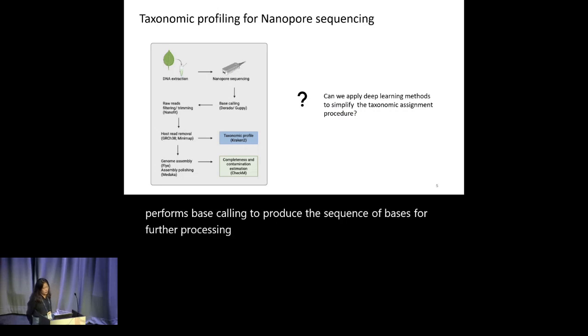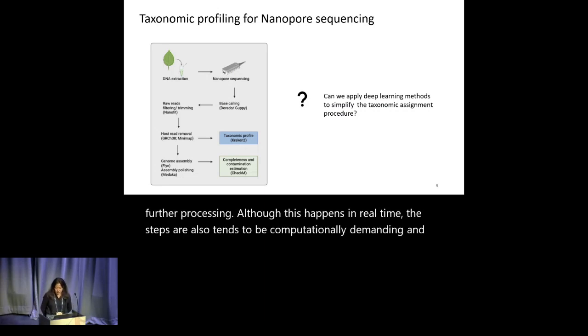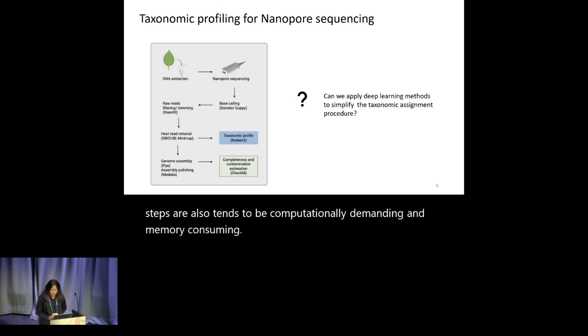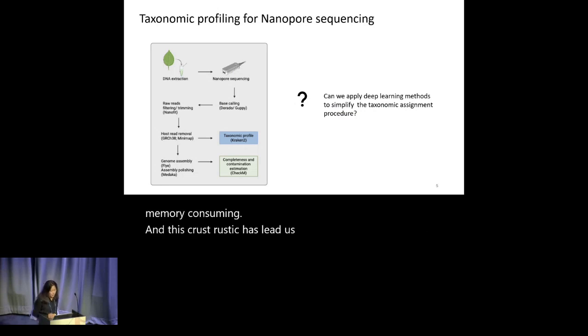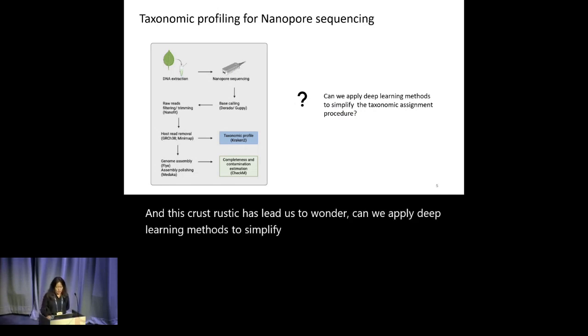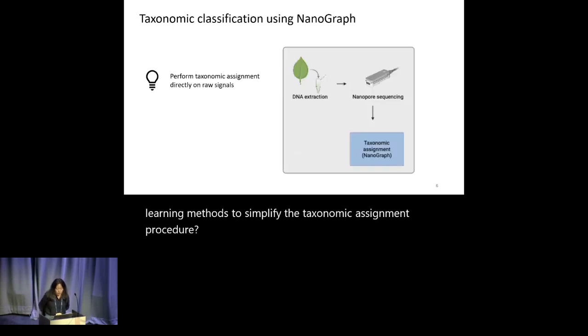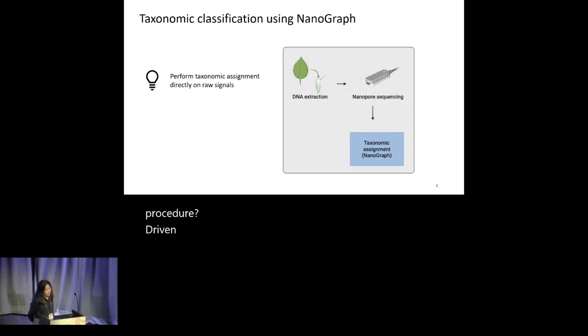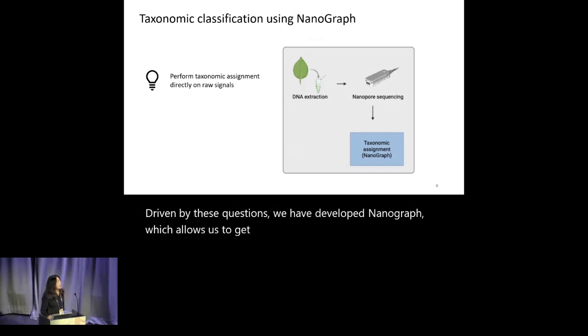Although this happens in real time, these steps also tend to be computationally demanding and memory consuming. This characteristic has led us to wonder, can we apply deep learning methods to simplify the taxonomic assignment procedure? Driven by these questions, we have developed NanoGraph, which allows us to get taxonomic assignment directly on raw signals in a time-saving manner.